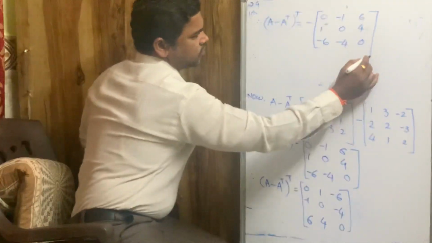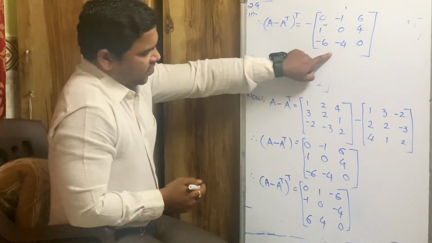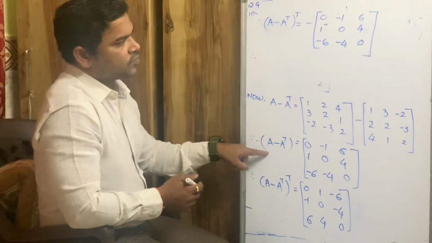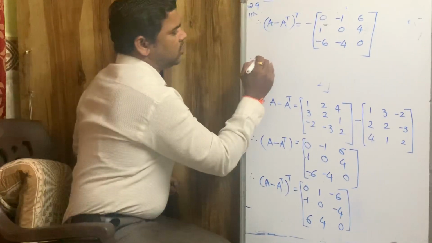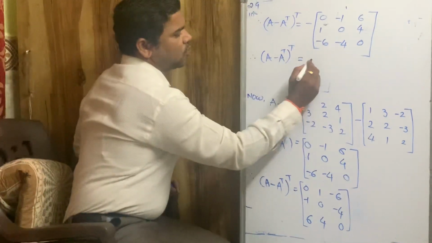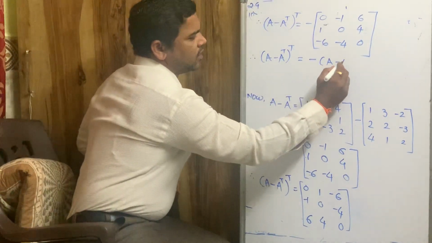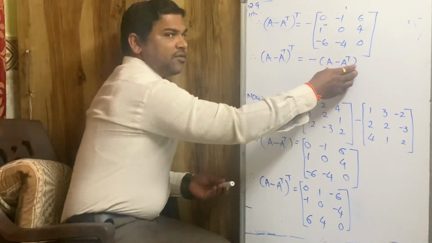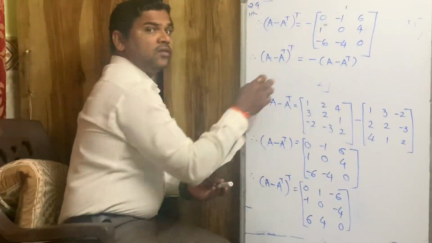Now just check it out. This matrix is nothing but A minus A transpose. So you can write, therefore, A minus A transpose, the whole transpose, is equal to minus of A minus A transpose. Means the transpose and the matrix are the same but opposite in sign.